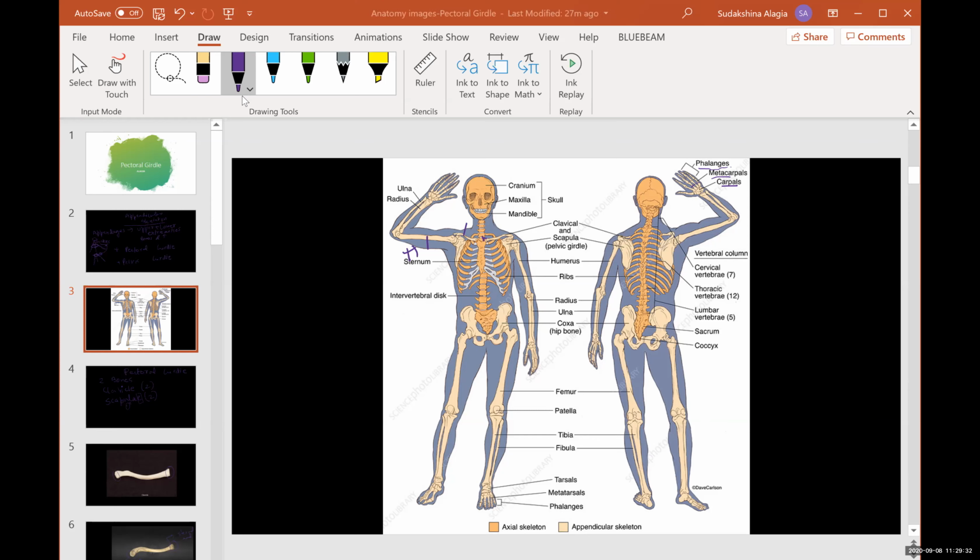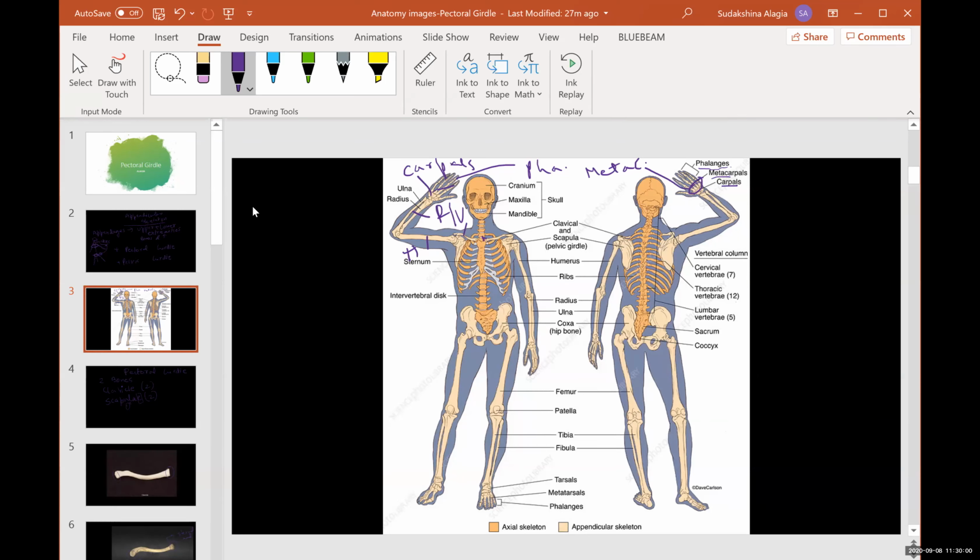Your arm constitutes of humerus. Your forearm constitutes of radius and ulna. Your wrist constitutes of carpals. Your palm, metacarpals. Then the digits, fingers, phalanges. So we'll go in that order.